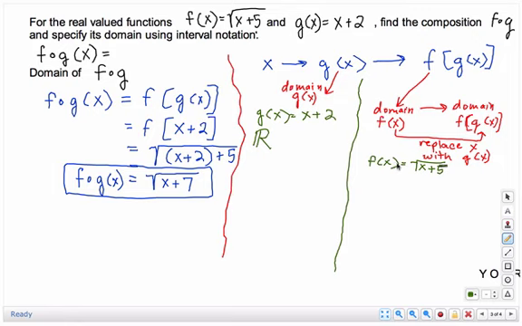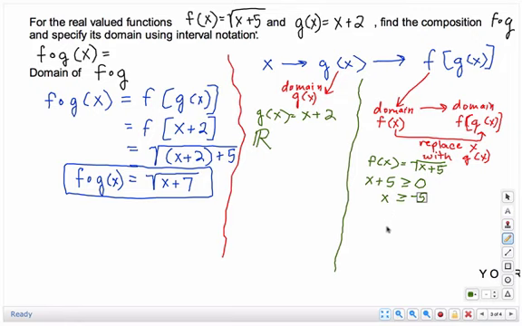I meant to do a different example first, but this is okay. You can see here that the domain of f of x, when you're looking at the square root of x plus 5, that x plus 5 is inside the square root. We know that has to be greater than or equal to 0. And then we're going to subtract 5 from both sides.